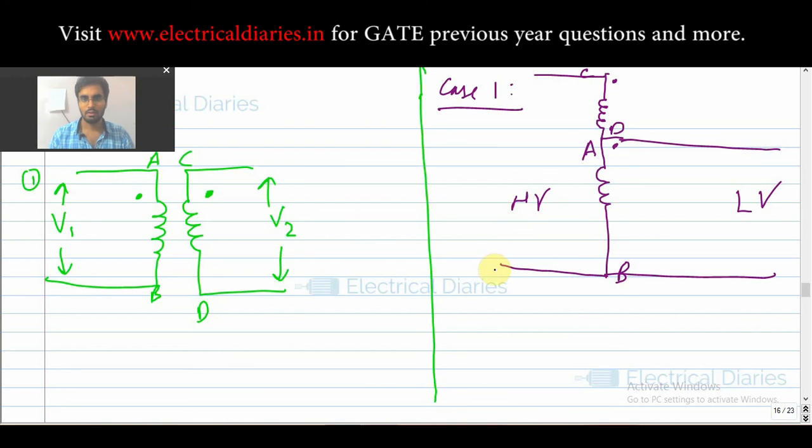So this was your case 1, where AD is shorted and your common is AB. Now again you can make an additive polarity, that will be your case 2.